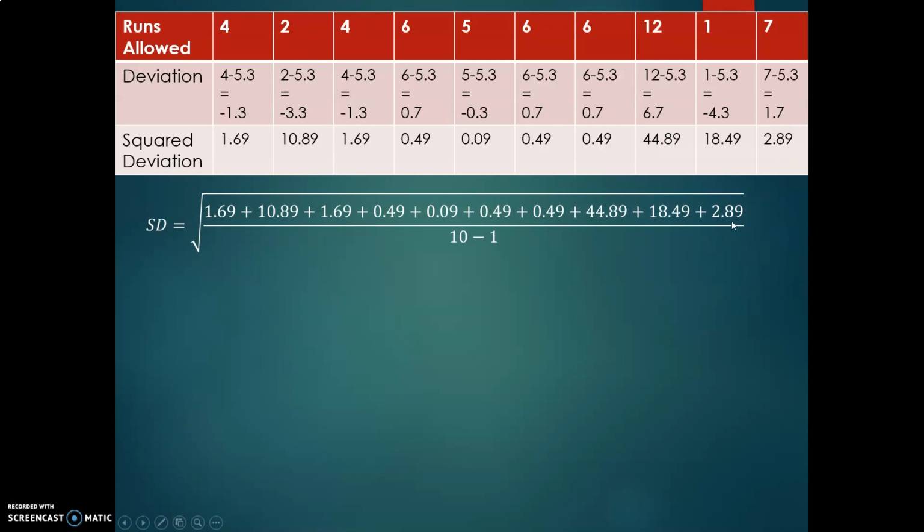We add all of those together, and then we divide by 1 less. There are 10 observations, so we do 10 minus 1, which gives us 9. So when we do that, we get our standard deviation equals the square root of 82.1 divided by 9, and that's approximately 3.02 runs allowed.